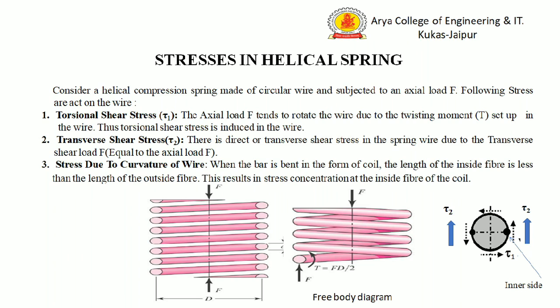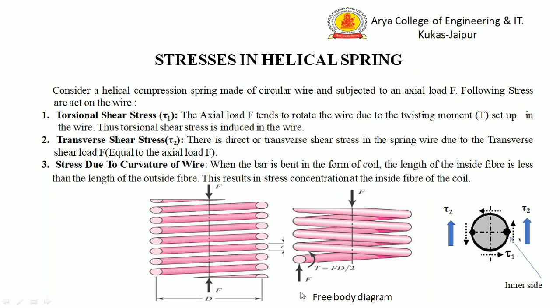Basically, this force F produces two effects. First, it produces a torsional moment in the clockwise direction. This is the force line. So, this produces a torque in the clockwise direction.